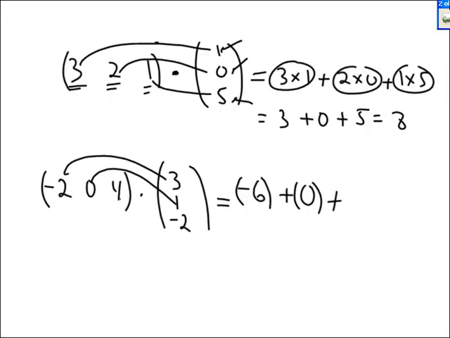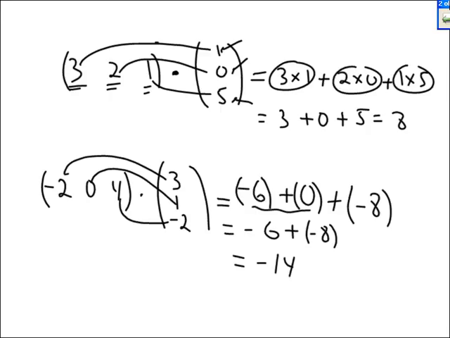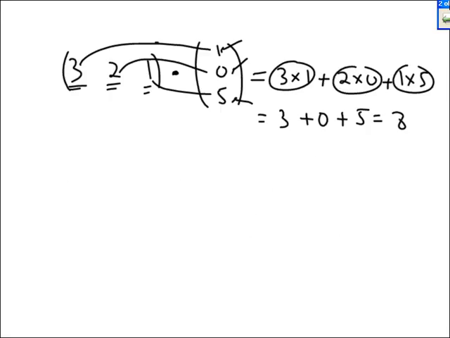Plus, you multiply the third entries, you get negative 8. Negative 6 plus 0 is negative 6. Add negative 8, you get negative 14. You need to be able to do that. It's a very important concept that's going to be used in multiplying matrices.